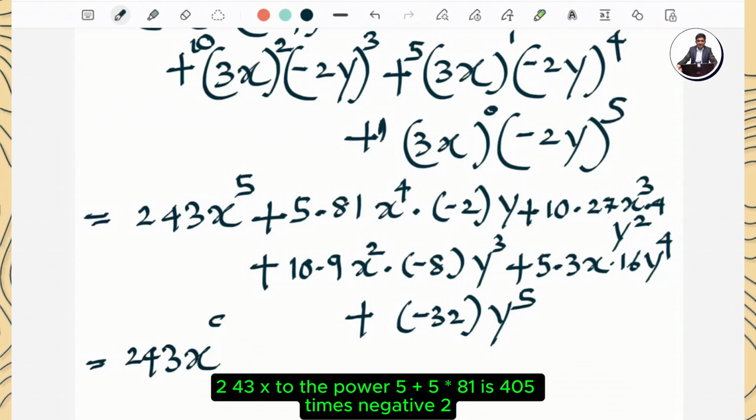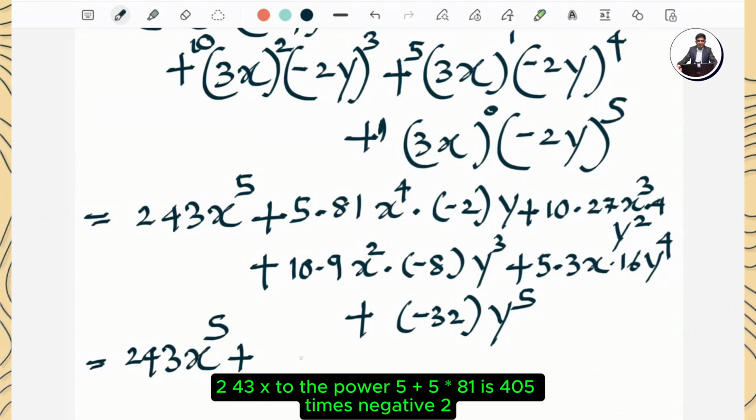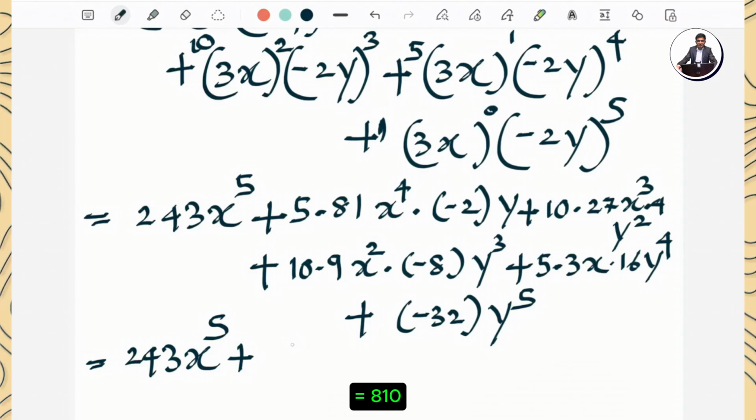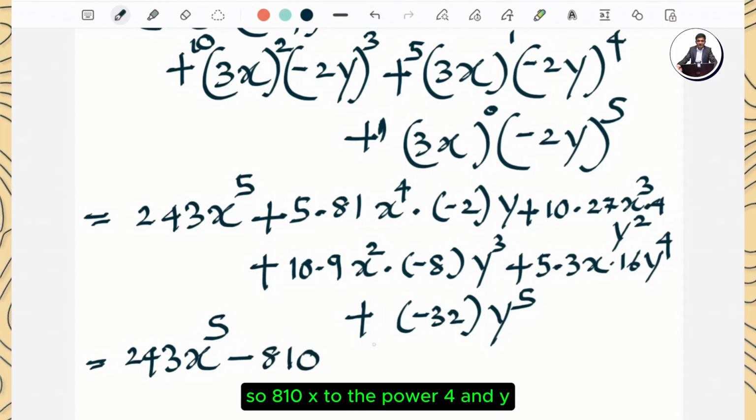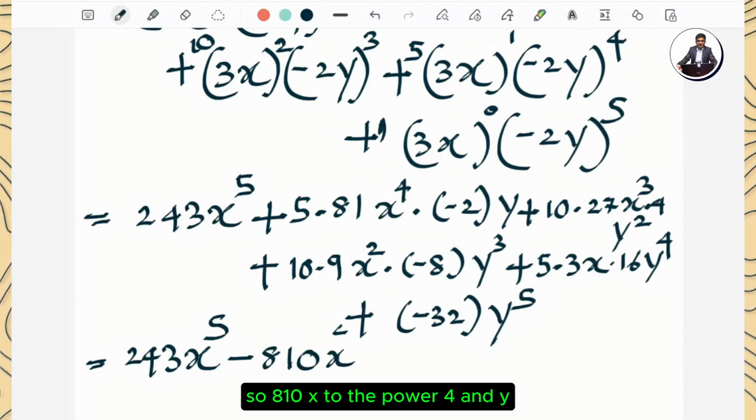243 x to the power 5 plus 5 times 81 is 405, times negative 2 is 810. So 810 x to the power 4 y.